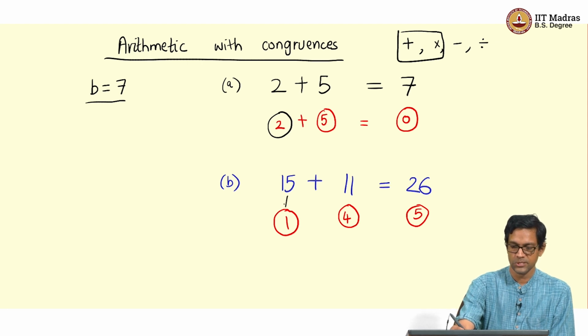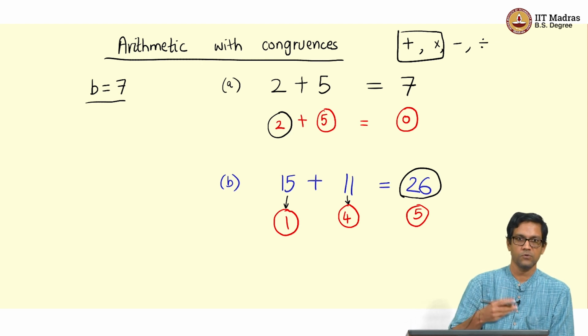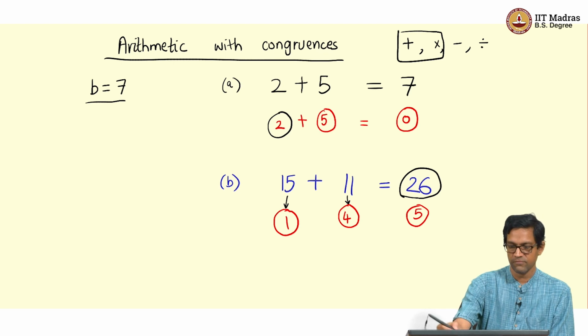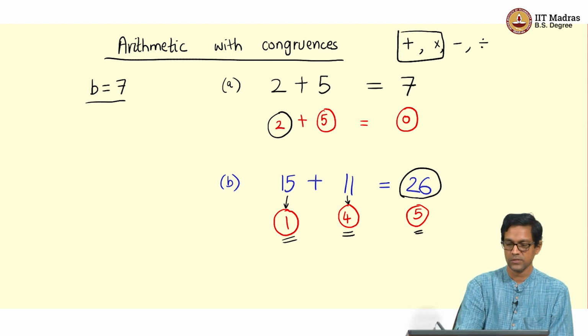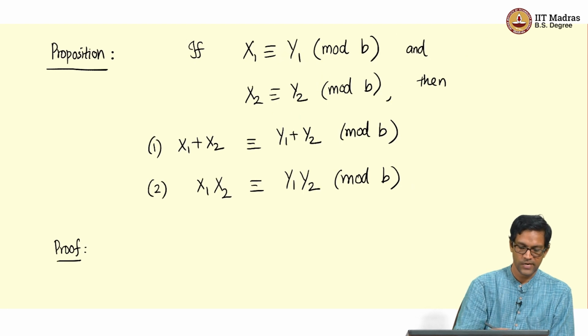So 15 was just 1 mod 7, 11 was congruent to 4 mod 7, 15 plus 11 is 26, but instead of calculating the remainder when you divide 26 by 7, you could have done it faster by just saying, well, I know the two individual remainders, all I will do is add those two up together. So 1 plus 4 in this case quickly tells me that the answer is 5. So that is really what the first proposition tells us here.